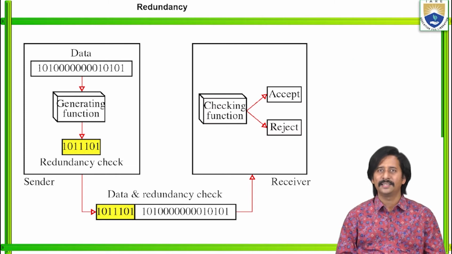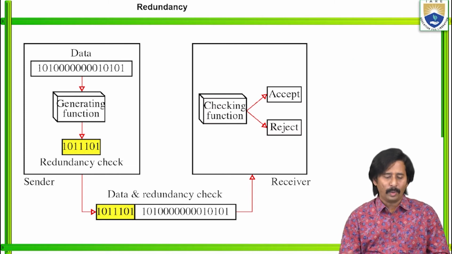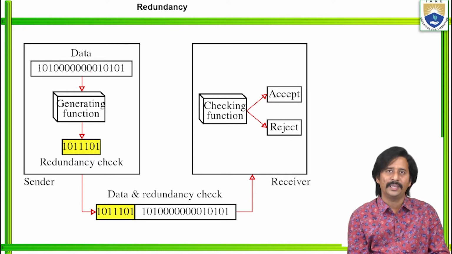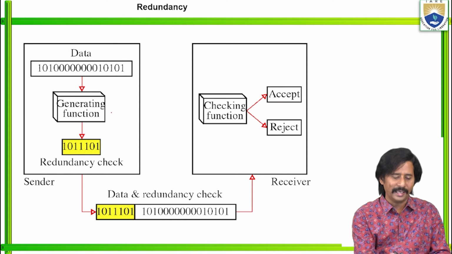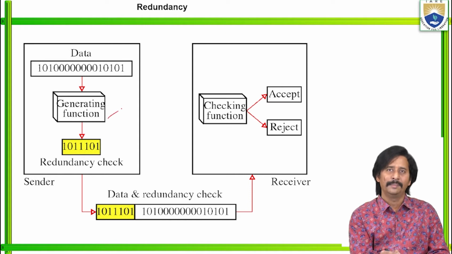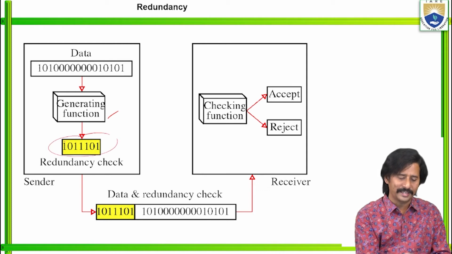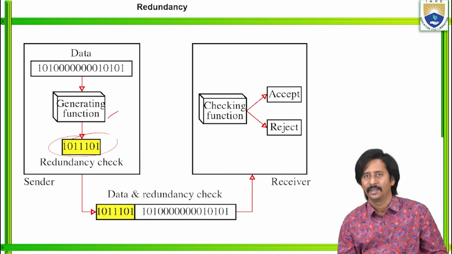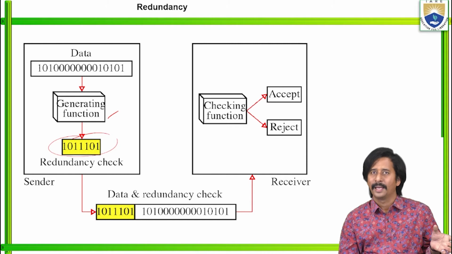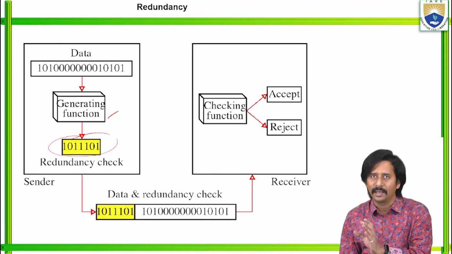So basically this is a redundancy. Whatever data we are going to transmit acts as an input to the generating function. Based upon that generating function, this is the redundancy check at the sender side. Now we need to combine the CRC with the data.